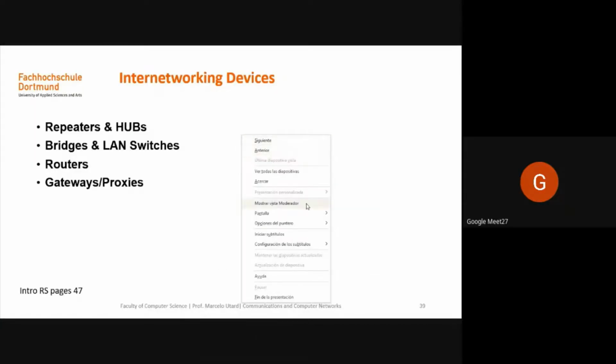Talk about the internetworking devices, that is, the intermediate systems that are typically used within networks.